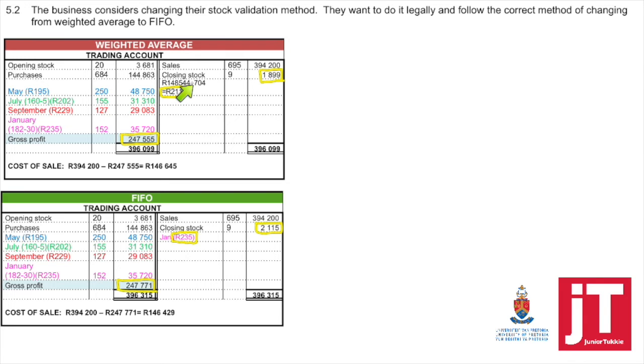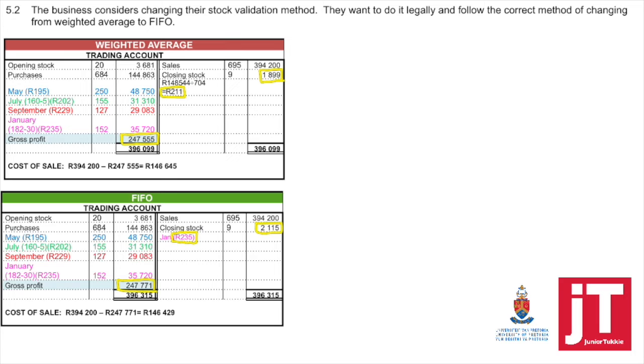Because for my closing stock with weighted average, we needed to use the average price, which is 211. But when we're using FIFO, it means that we need to look at our most recent purchases to calculate our closing stock, which means that if 9 units are left over, that is 9 units left over from the January purchases, and the cost was 235.